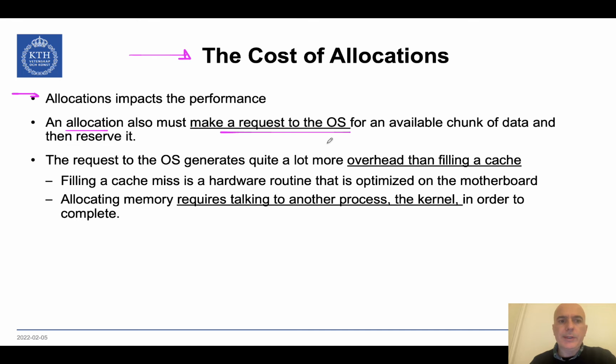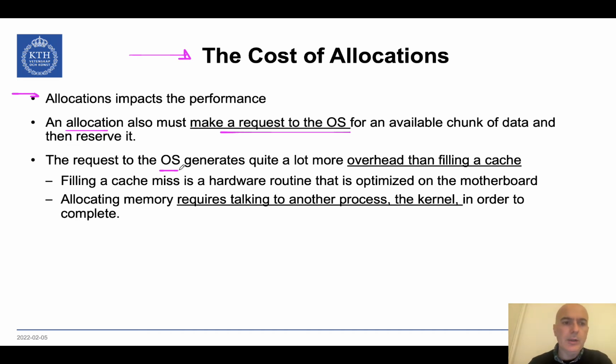Why does this cost time? Well, the request to the OS generates quite a lot of effort. And if we think about how different the performance loss is, for instance, when we have a cache miss or we need to fill the cache, it is quite different. Filling a cache or a cache miss is a hardware routine that is optimized on the motherboard.